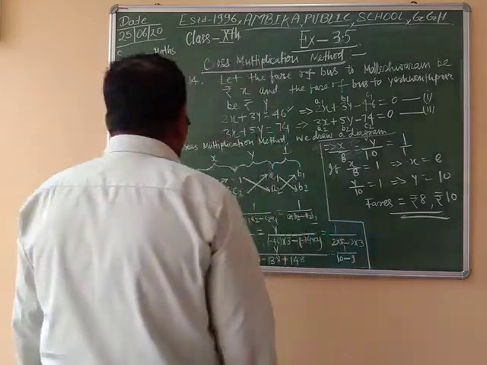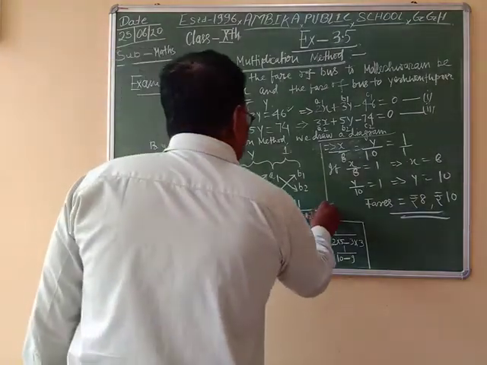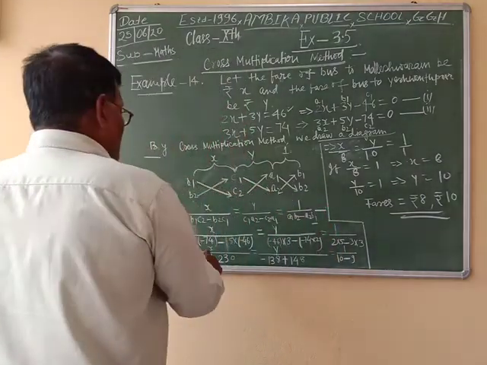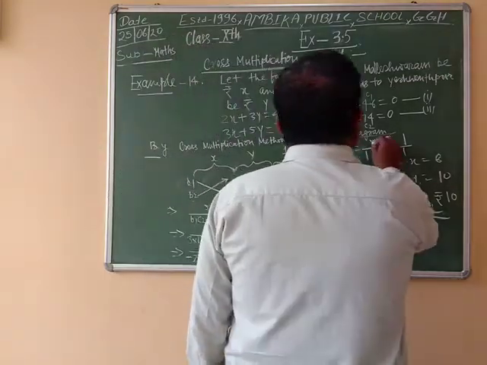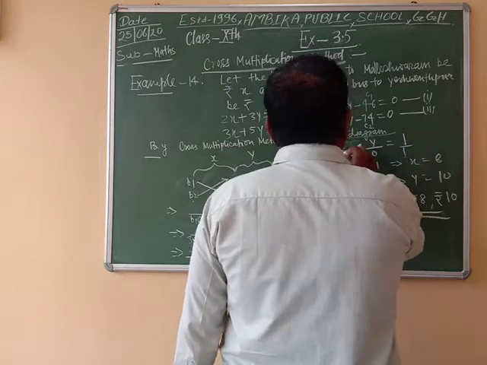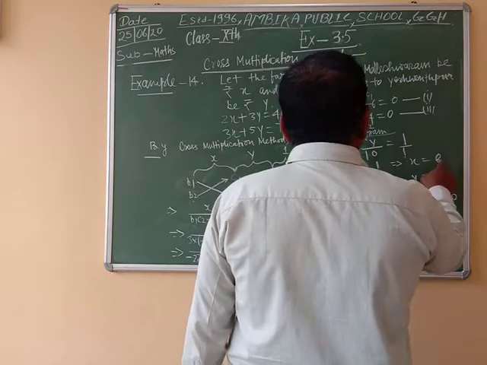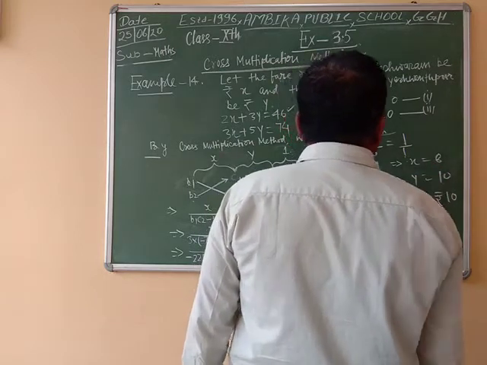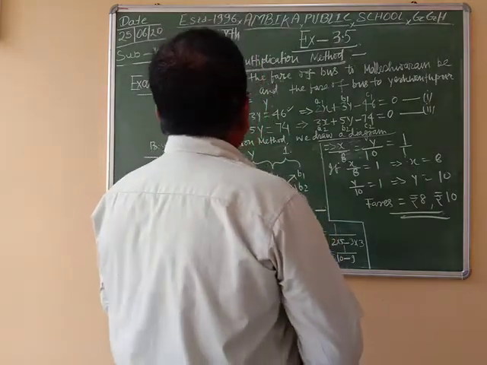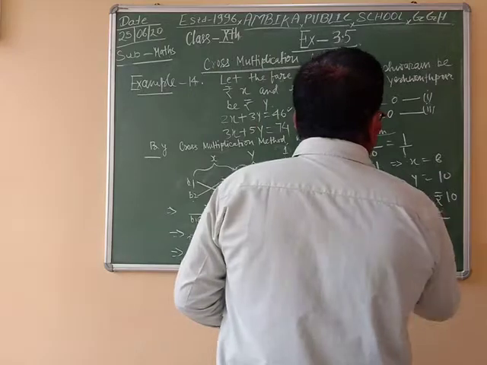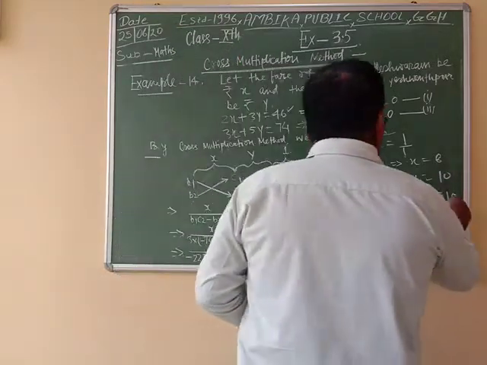Now putting the values of A1, B1, C1 and A2, B2, C2 in this condition, we have x by 8 is equal to y by 10 is equal to 1. Here x by 8 and y by 10 both are equal to 1. So x is equal to 8 and y is equal to 10. Hence the fare to Malleshwaram is rupees 8 and the fare to Yeshwantpur is rupees 10.